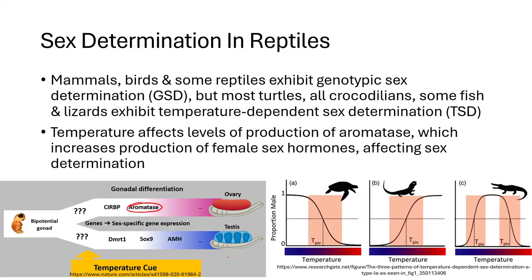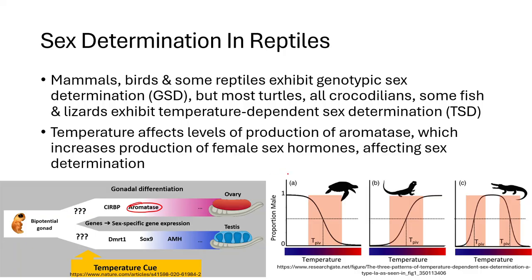And if that happens, you're going to produce more female sex hormones, which means that your tissue that could end up becoming either an ovary or a testis will end up developing into an ovary, and then you'll develop into a female turtle. If the temperature is different, in this case for turtles lower, then that aromatase is not produced, which means that you're going to produce less female sex hormones, more male sex hormones, and that tissue will develop into a testis instead.